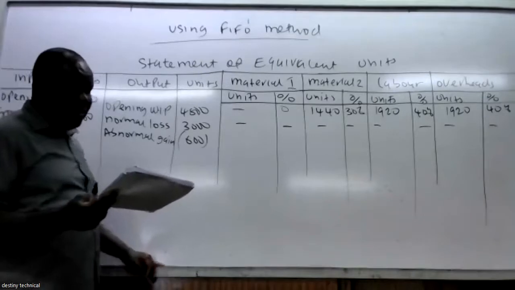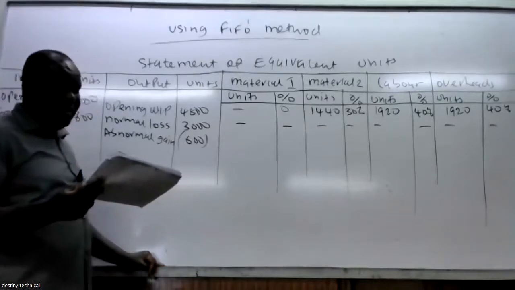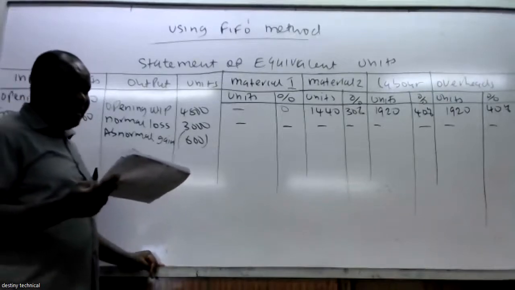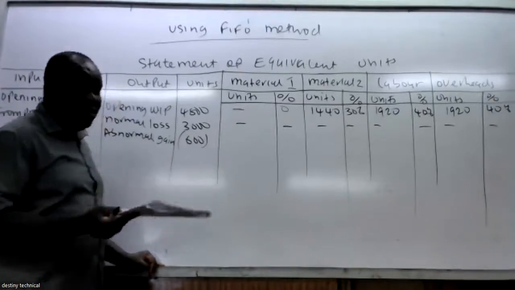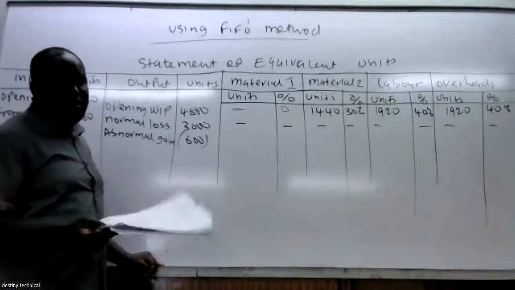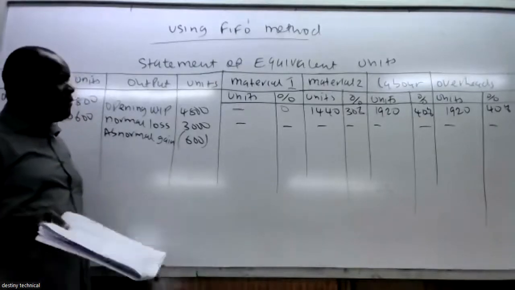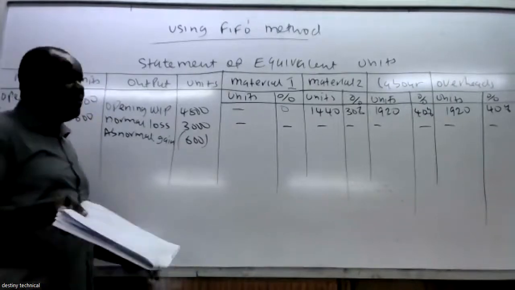So in note number 3, the question had given you units that were scrapped. The degree of completion, they gave you 100% for material, labor 70, overhead 70. If they give you only one degree of completion without showing whether it is for material 1 or material 2, we assume material 1 is 100% complete.